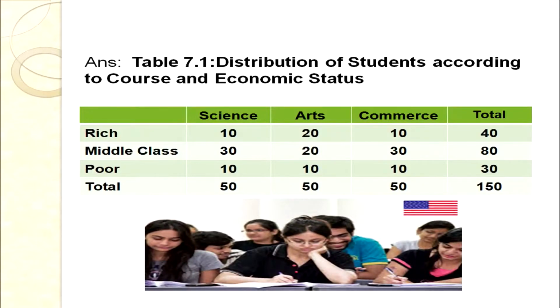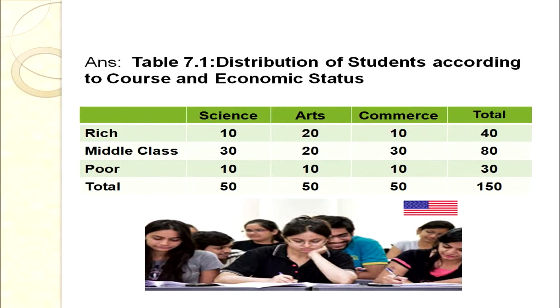You can see over here in rows we have got economic status and in the columns we have given course status. So, rich, science, arts, commerce, total. We have just calculated 10 science, 20 arts, 10 commerce, total comes to 40. Middle class, the total was given as 80, 30 for science, 20 for arts, 30 for commerce, and the total comes to 80.